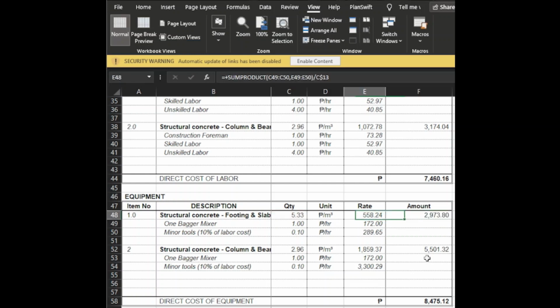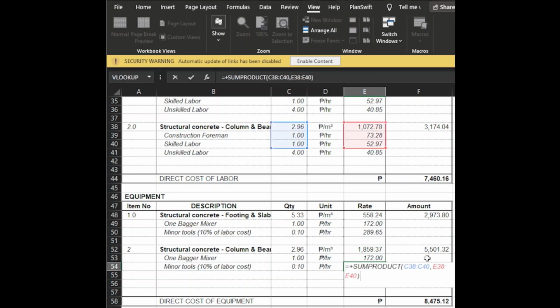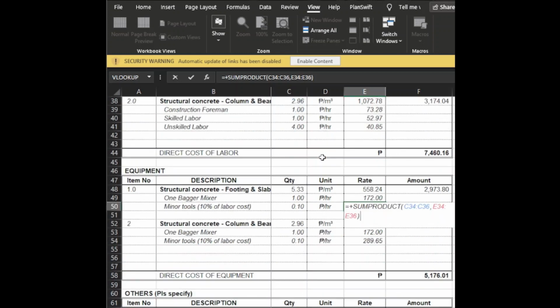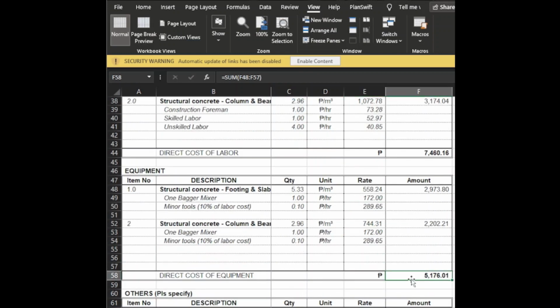So we have a difference of 172. The minor tools. Okay, we have a problem with our minor tools because I just copied it from the top, so that's why we have a problem. So I think it's okay now.